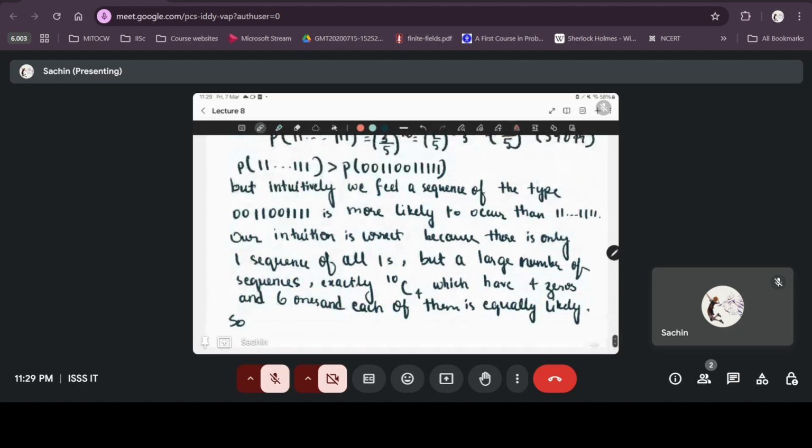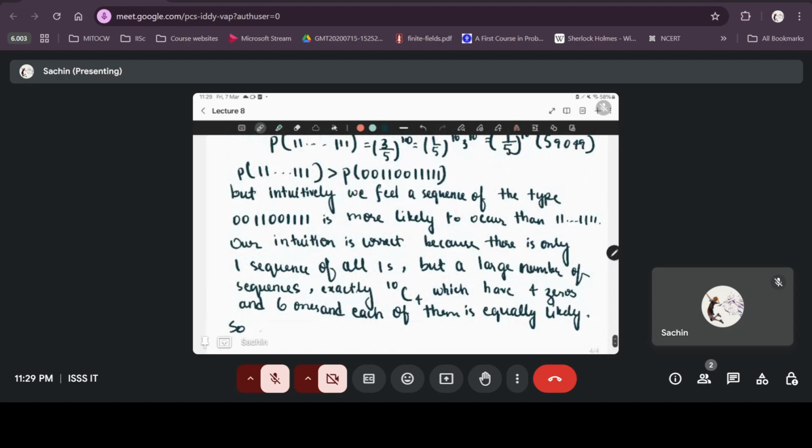So, even though each of the particular sequences with 4 zeros and 6 ones is less likely than the particular sequence 1 1 1, together all sequences with 4 zeros and 6 ones, if you consider that to be an event, that is the event that your sequence has 4 zeros and 6 ones, then that event is a much higher probability event than the event of getting all ones.